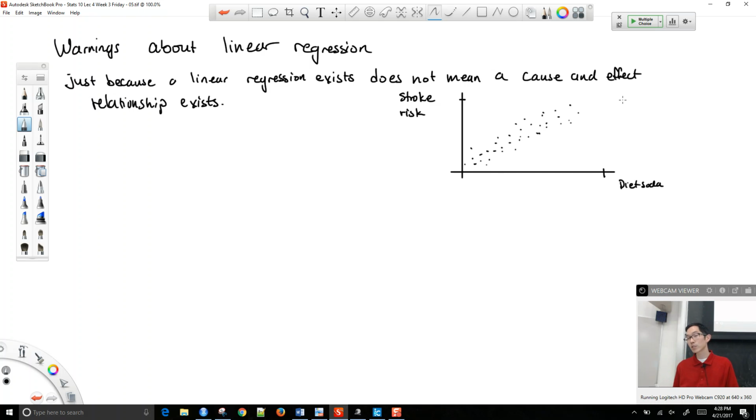There's all sorts of other stuff going on, and just because a linear relationship exists does not mean a cause and effect relationship exists.